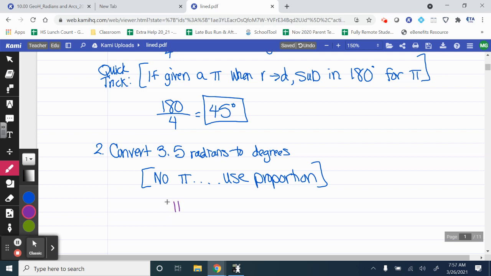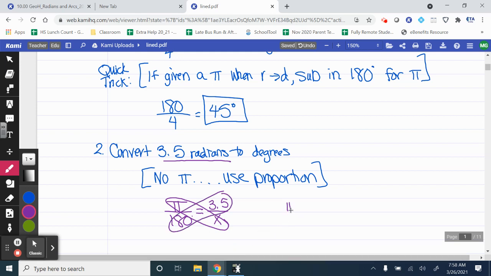My proportion is pi over 180 equals radians over degrees. Radians is always across from the pi, and degrees is always across from 180 because that's in degrees. I'm given 3.5 radians, so I put that on the top across from the pi. I'm solving for how many degrees, so I'll call that x. Once I have my proportion set up, I'm just going to cross multiply and solve for x.